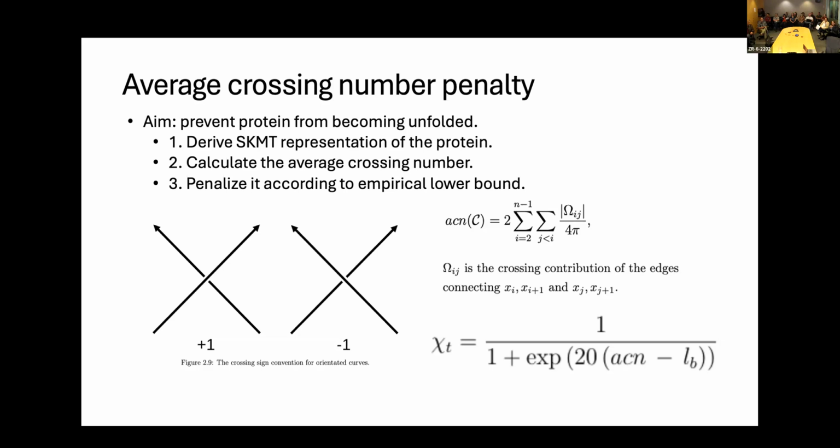If I could draw a protein, so you have a helix, a linker, and then maybe some sheets, and then another linker. First we take the endpoints of the helices and sheets, and replace them with a segment.